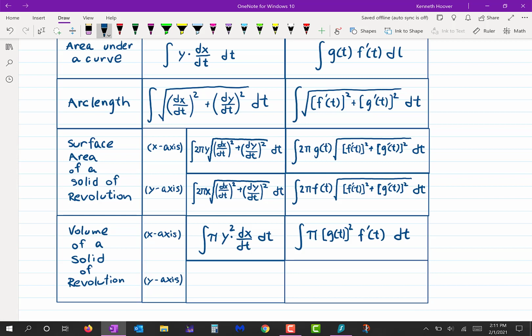If it's rotated around the x-axis, that's the integral of pi times y squared times dx/dt, or pi g squared f prime. And if it's rotated around the y-axis, we have the integral of pi x squared dy/dt, or pi f squared g prime. So that's a lot of information.